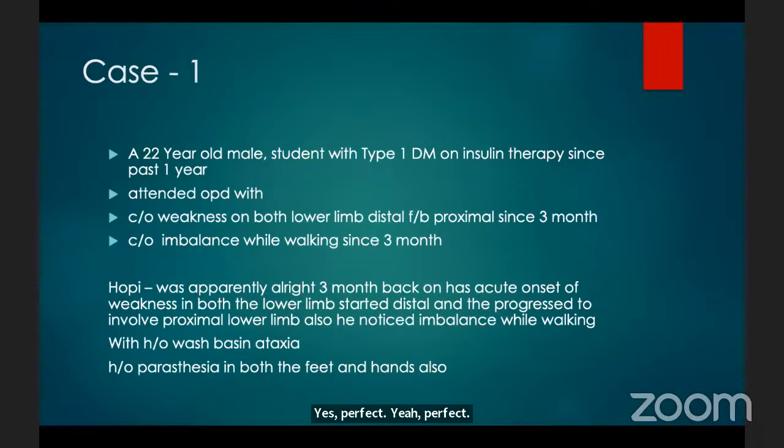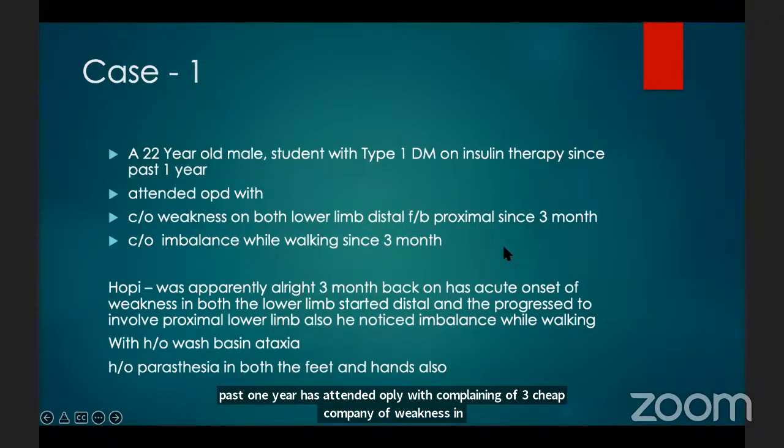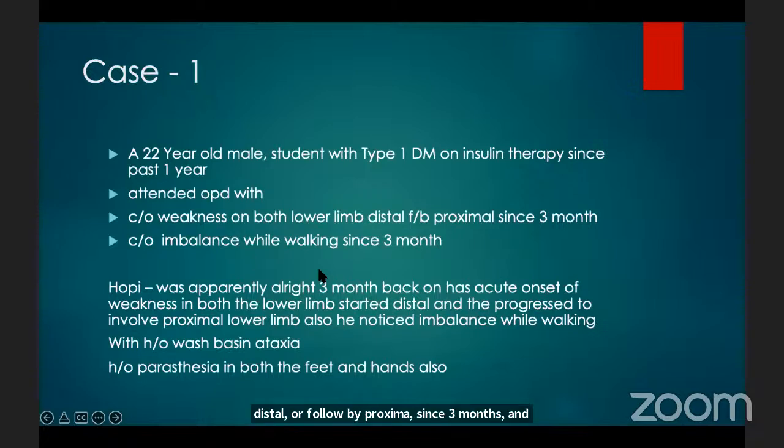Sir, my first patient, case number 1, is a 22-year-old male, a student with known type 1 diabetes mellitus on insulin therapy since the past 1 year. He attended OPD with the chief complaint of weakness in both distal followed by proximal limbs since 3 months, and imbalance while walking since 3 months.